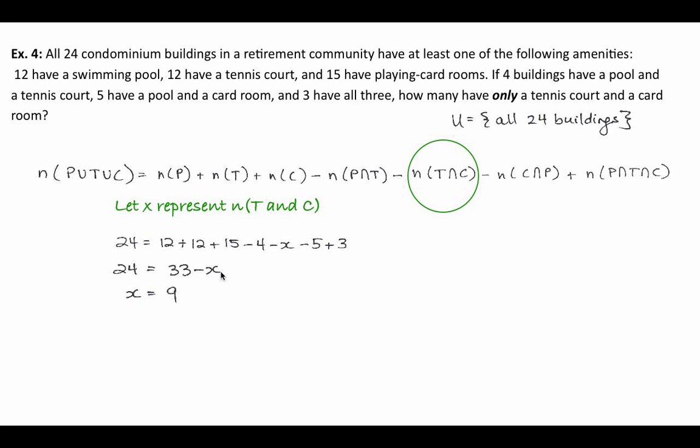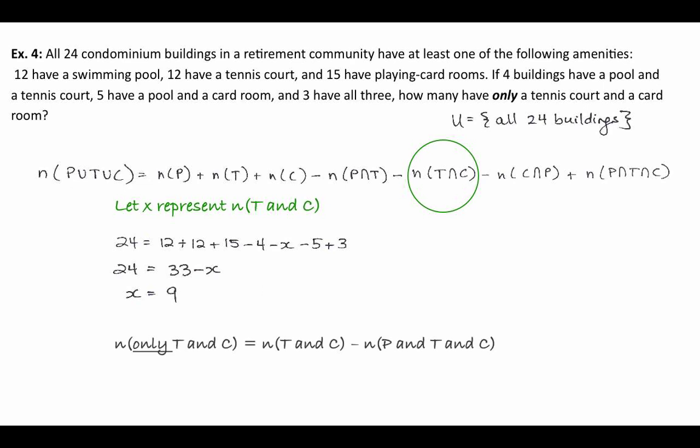Or you can use your logic. When you picture that intersection or overlap between the tennis court and the card room, there's also that triple in there with the tennis court, the card room, and the pool. So if we know there are 9 that have a tennis court and a card room, some of those are also the lucky 3 condominiums that also have the swimming pool.